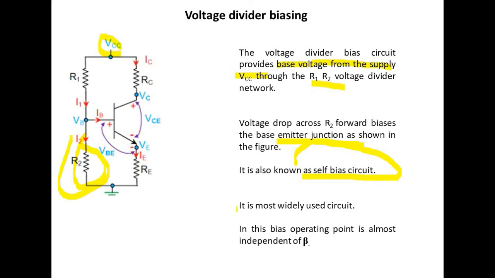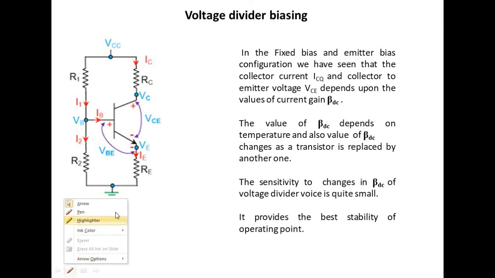Voltage divider biasing circuit is the most widely used circuit. In this bias, operating point is almost independent of beta DC. In the fixed bias and emitter bias configuration, we have seen that the collector current ICQ and collector to emitter voltage VCE depend on the values of current gain beta DC.